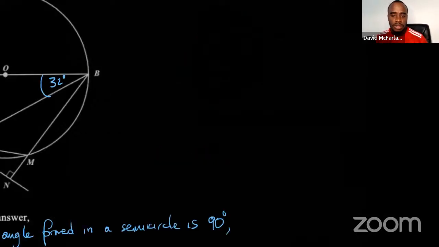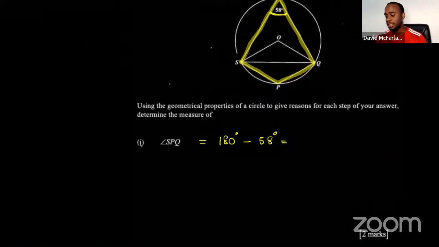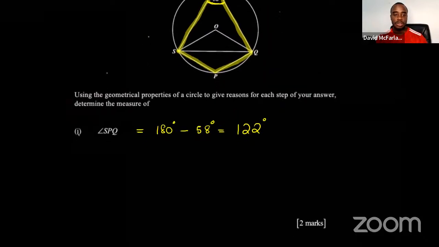Oh, that was the same type of question. Well, I guess CXC like the number 58 for some reason. So 180 minus 58, that is 122 degrees. All right? So SPQ is 122 degrees.